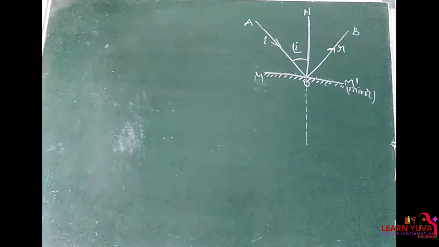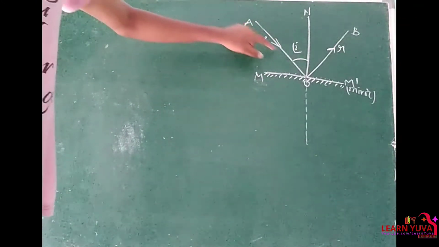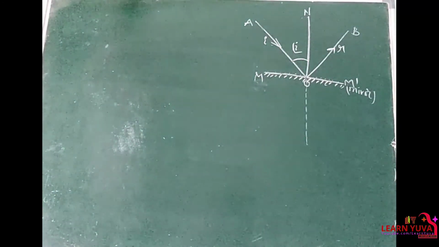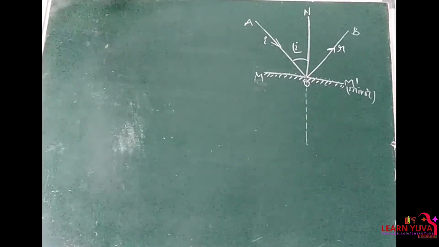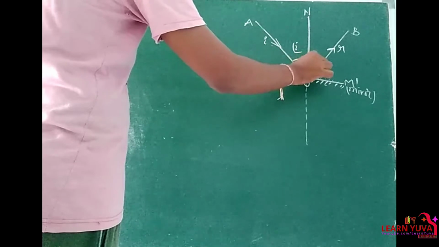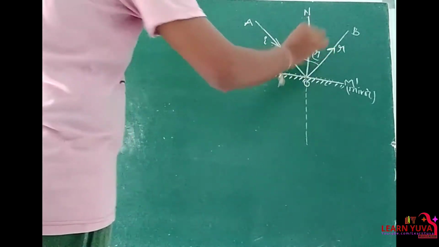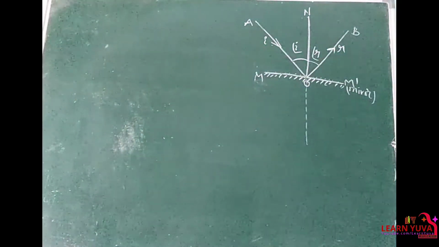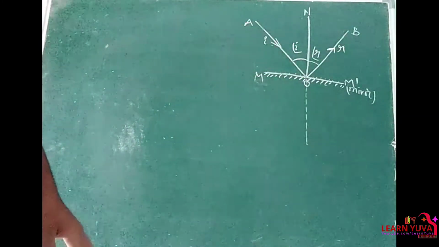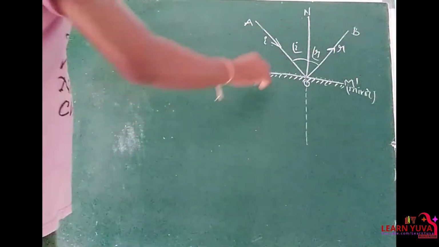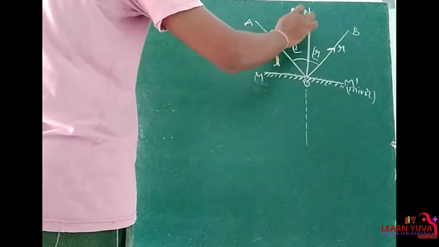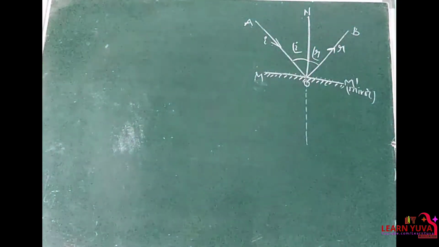The angle of incidence is the angle between the incident ray and normal ray. And there is an angle between OB and ON, and this angle is nothing but the angle of reflection. The angle of reflection is the angle between the normal ray and the reflected ray. So here AON is the angle of incidence, BON is the angle of reflection.